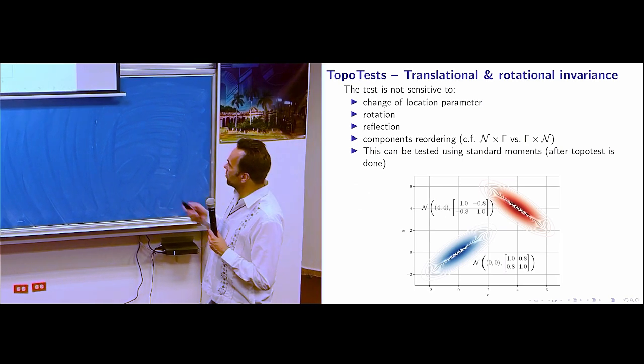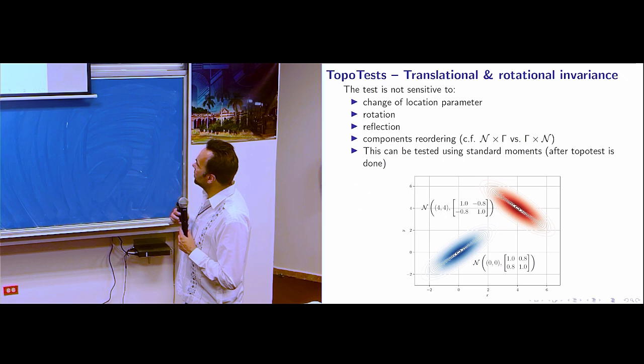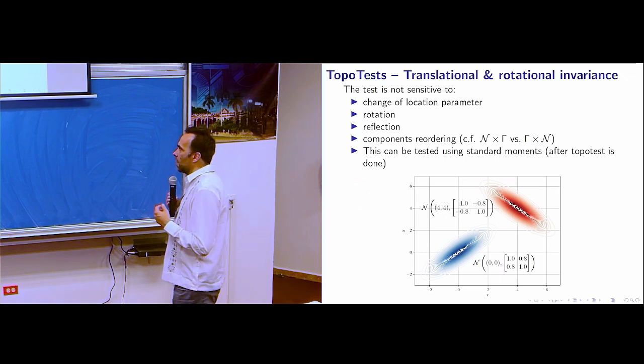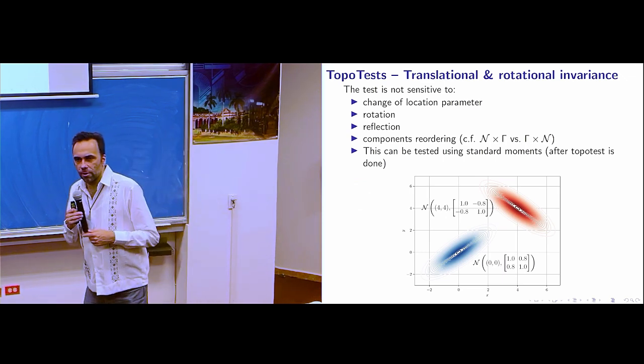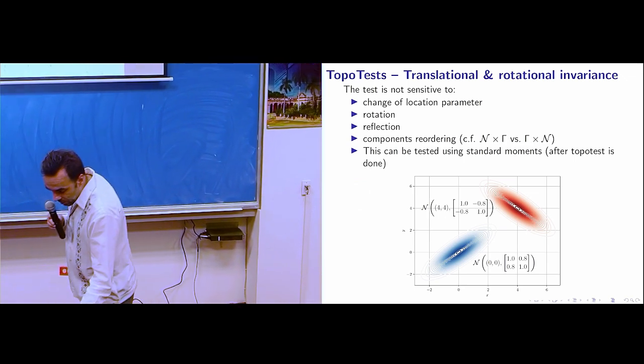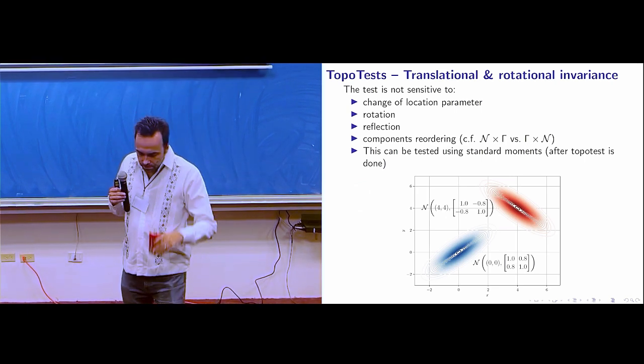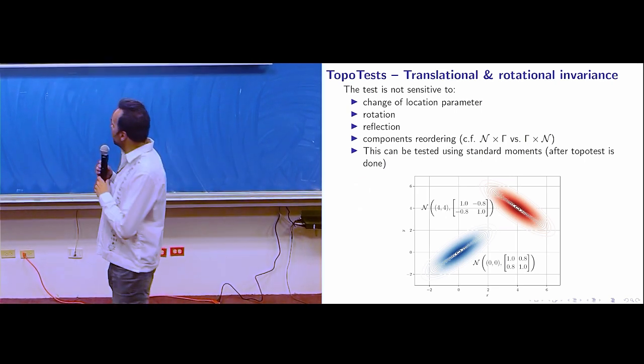For instance, those two distributions, when you have shifted and rotated two-dimensional normal, of course, Kolmogorov-Smirnov will clearly tell you that they are different. Topological tests, as I presented it, will tell you that they are the same. So that's something to be aware of.